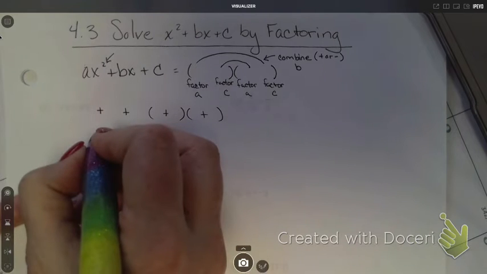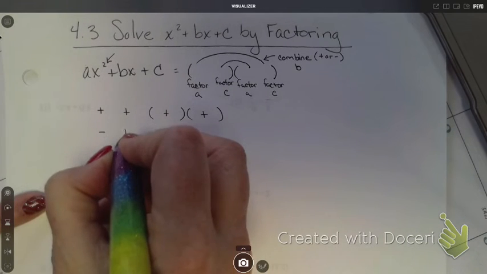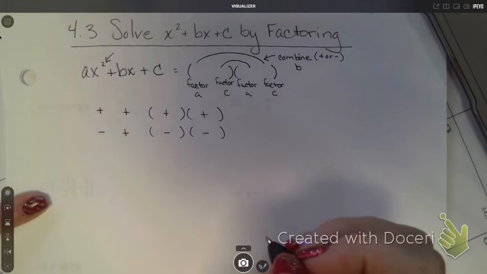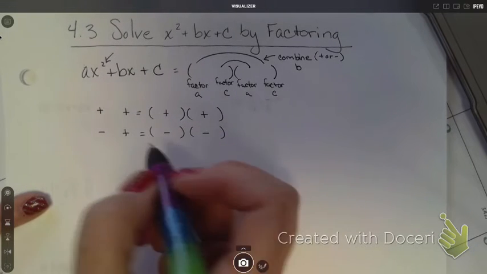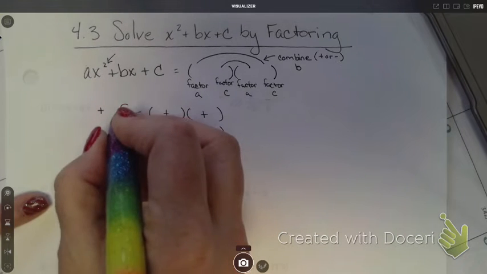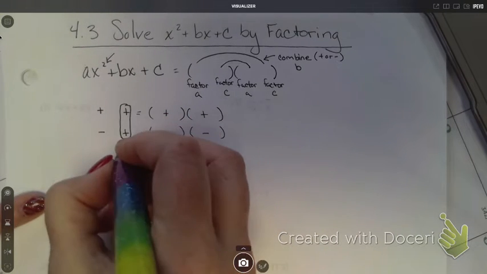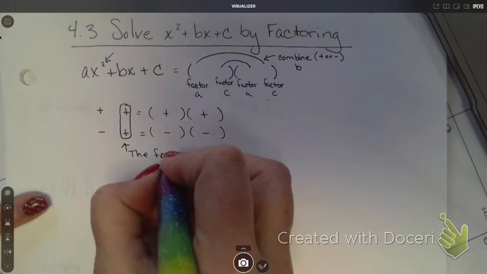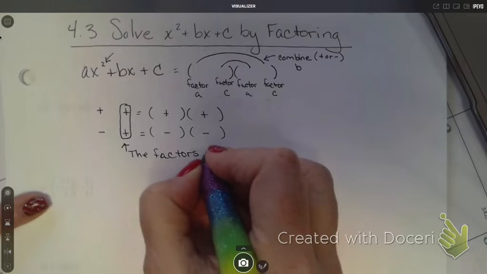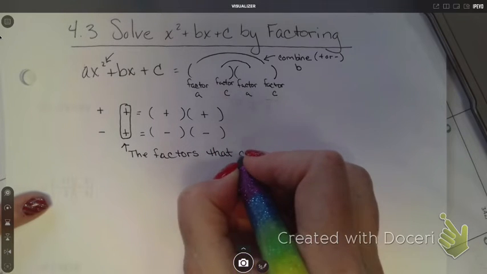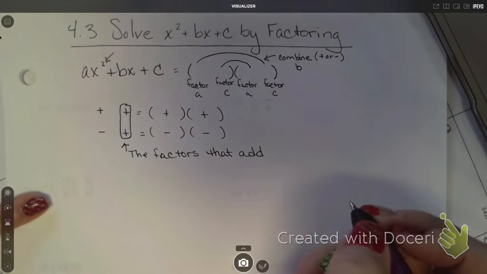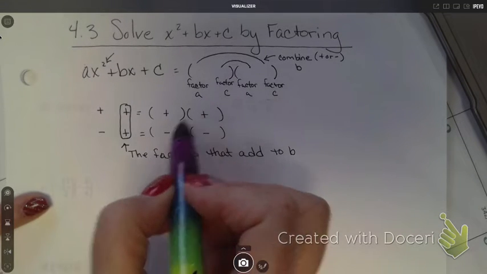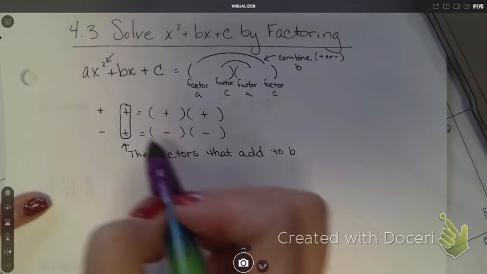If I have a minus, it would factor into a minus, because these are the factors that add to B. So if B is positive, they'll both be positive. If it's negative, they'll both be what? Negative, because we have to add them.